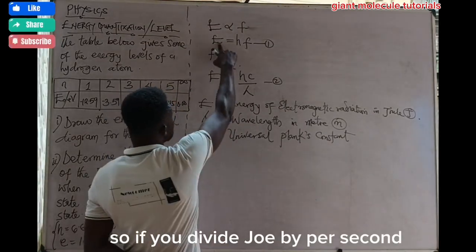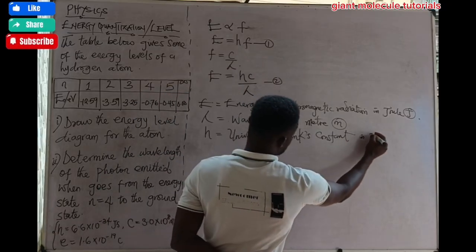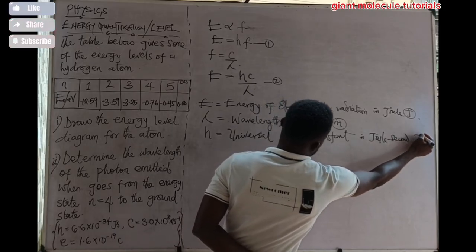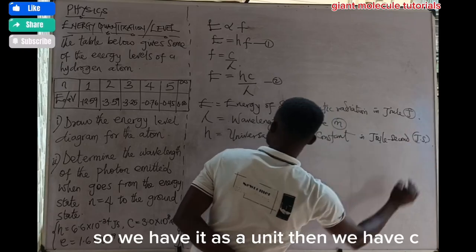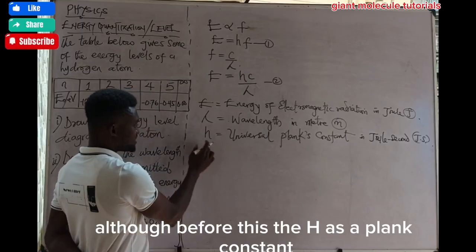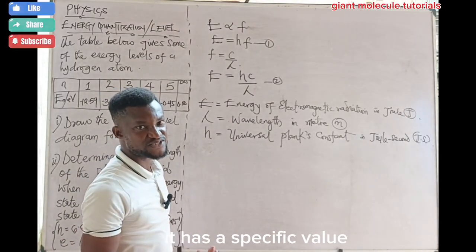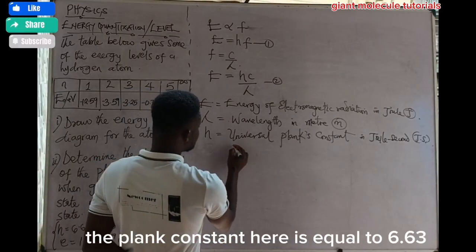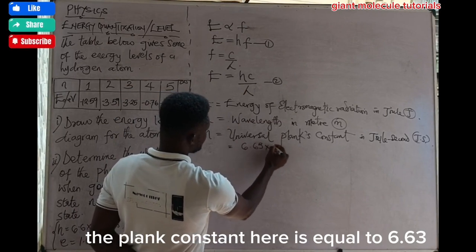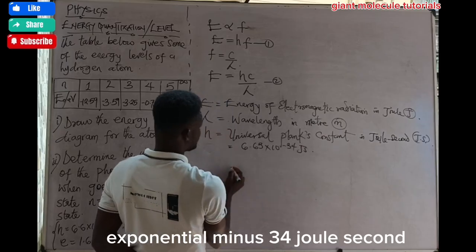So if you divide joules by per second, you get joule seconds. So we have that as the unit. The Planck constant has a specific value: h is equal to 6.63 × 10^-34 joule seconds.